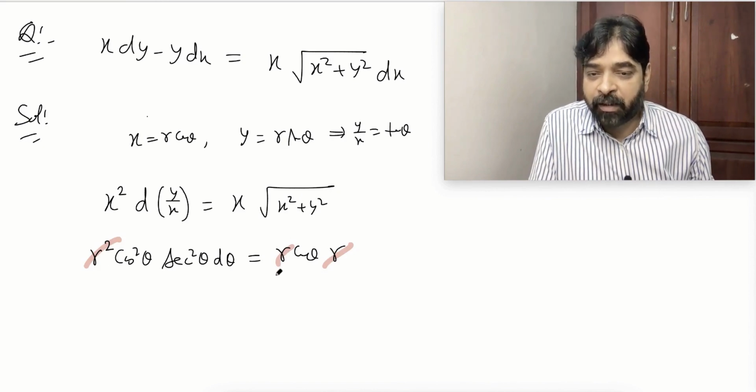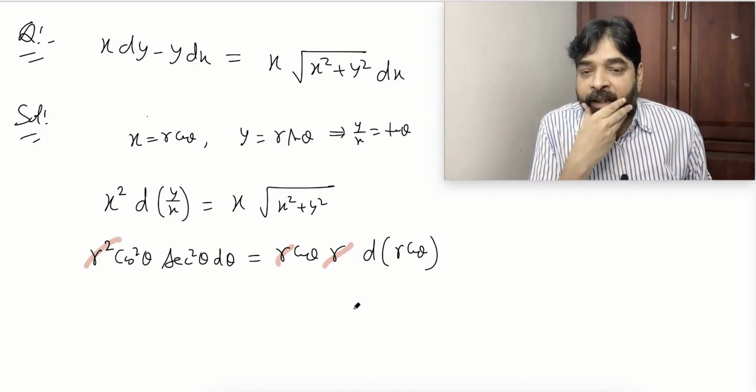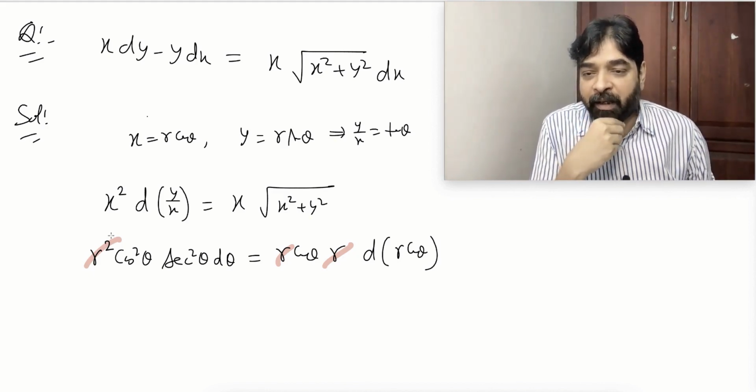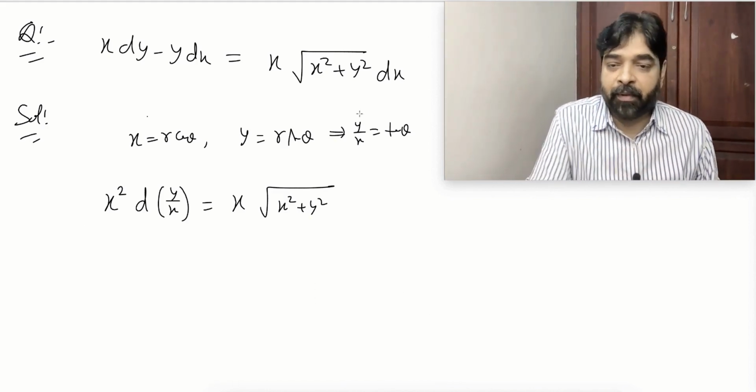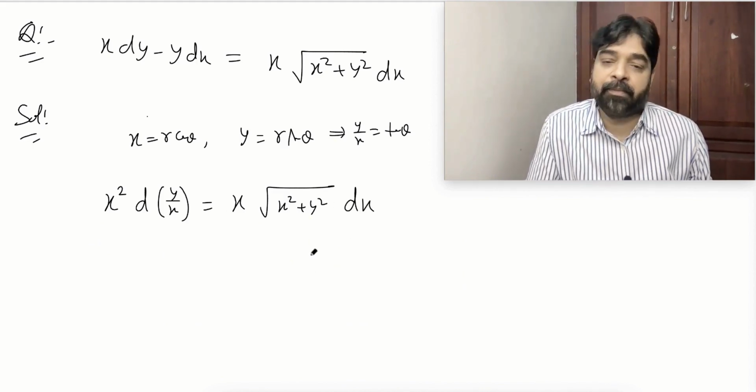Something mistake I did. What mistake? I don't know. Somewhere, oh, dx, sorry. D of x is the r cos theta. Oh, there is a problem. Wait, I did a blunder. I'm sorry. First, let's cancel into dx.